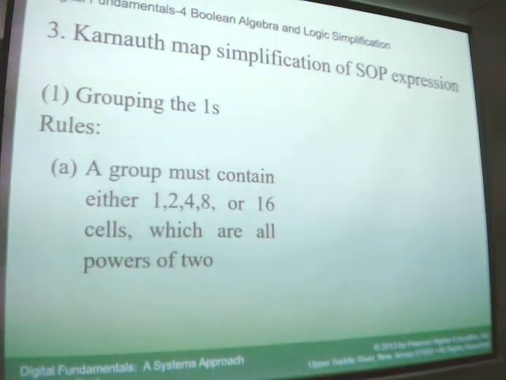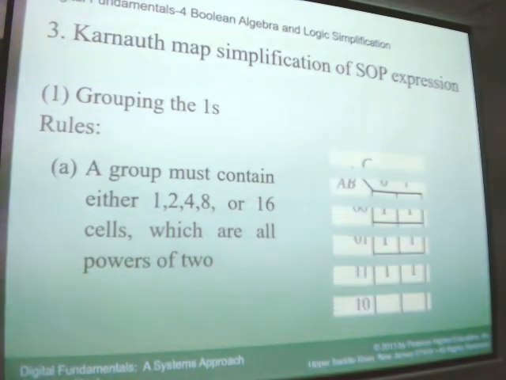So 1 is 2 to the 0, 2 is 2 to the 1, 4 is 2 to the 2, 8 is 2 to the 3, 16 is 2 to the 4. So they are all powers of 2. That is the first rule.